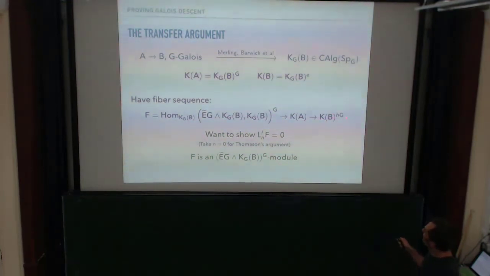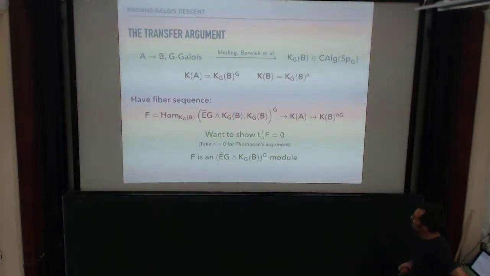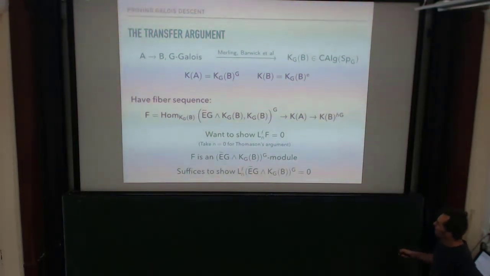And if I do the localization in either place, this thing is always a module over the L_n, the suitable localization of this guy. So this is a nice ring spectrum. So Thomason's case is just n equals 0. All right, so what we need to show is that this guy is 0, and then this guy will be a module over the 0 ring, right?